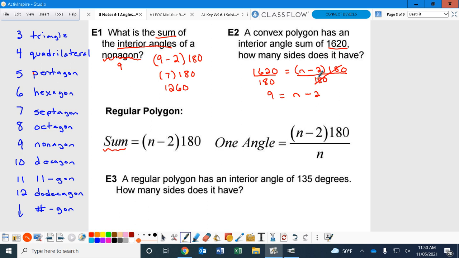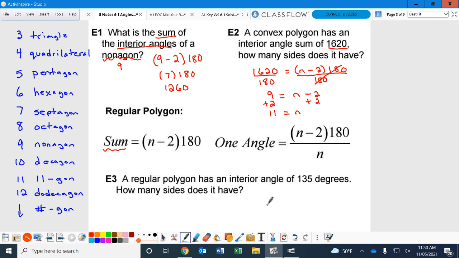You're not multiplying by anything. Then from there, it's just plus 2, and that'll tell you that you got 11 sides. The number of sides equals 11.